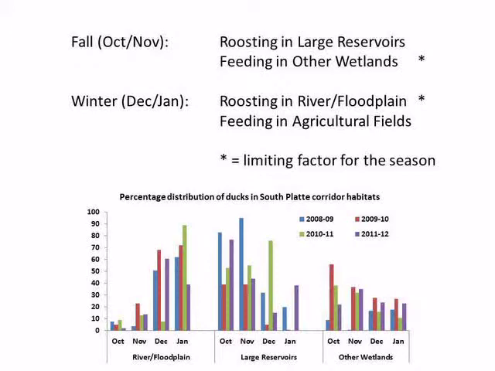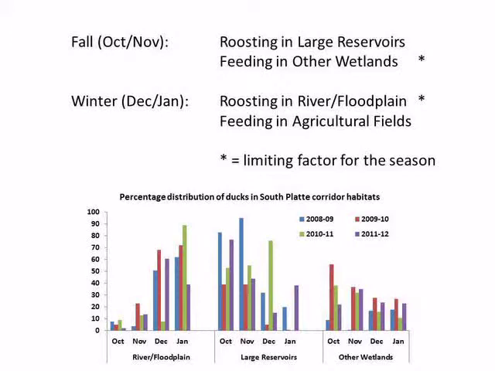The river stays open during the winter for the most part, and more sloughs stay open. So they use the river and floodplain for roosting, and they'll feed in ag lands. If you think about what the limiting factor is for waterfowl during each season, they have plenty of open water for roosting, but their feeding area is the more limited area. And that's when they need to get the energetic input for migration.